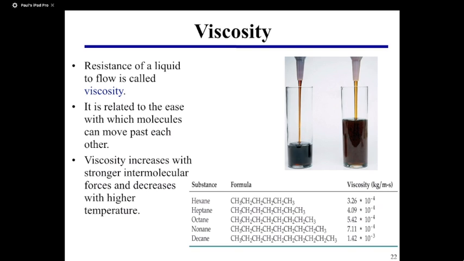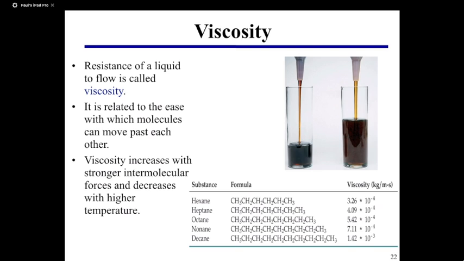And so there is a viscosity value for things. And in the case that we see with the formulas, all of the bonds are carbons and hydrogens, so these are all nonpolar. But as you can see, the larger they get, the larger the value of viscosity, because London dispersion forces increase as you get larger.